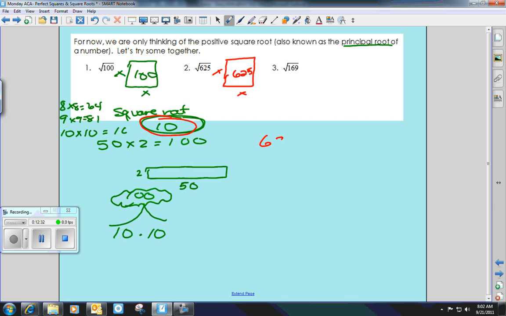What two numbers are the root of 625 that when they're multiplied together, they will give me 625? The same thing for 169. A length times width, that's the same number to give me 169 in the middle of my square. All right. So that's square roots. That's that little funny division symbol there.